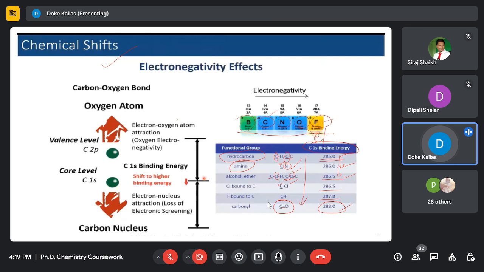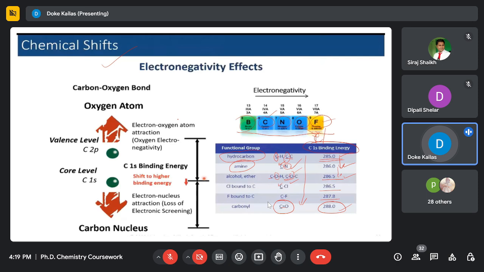Such a shift is called a chemical shift, since the environment of each carbon is different. Environment means different electronegative atoms attached to the carbon with double bonding and single bonding. So this is also an interesting example of chemical shifts for an organic compound.